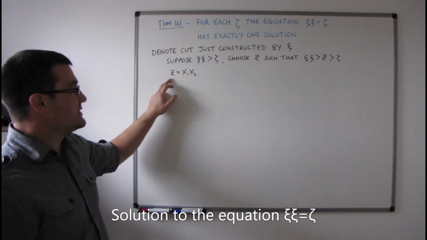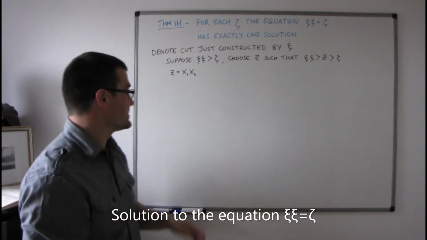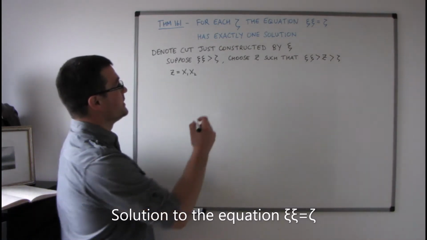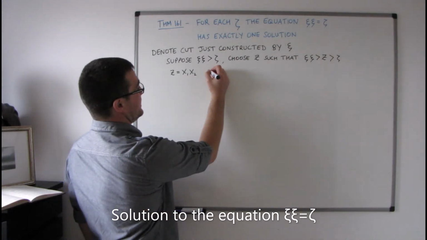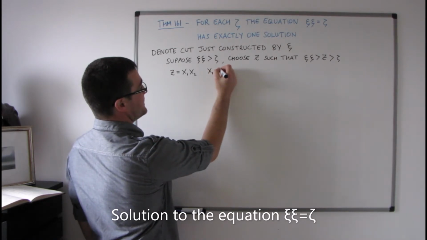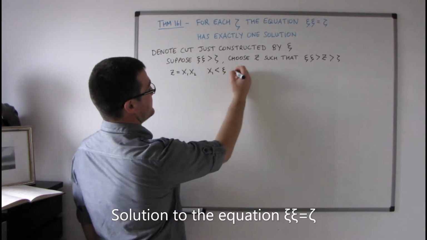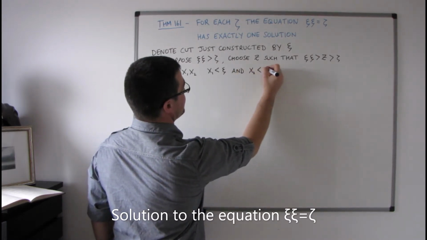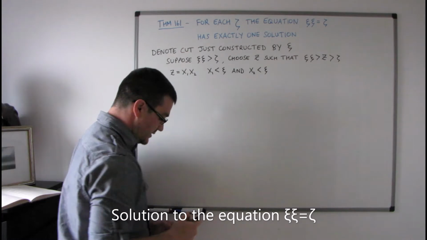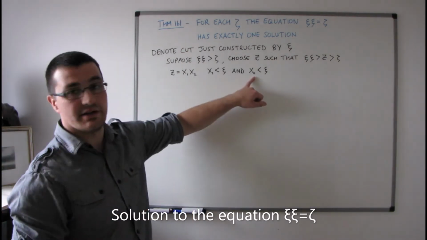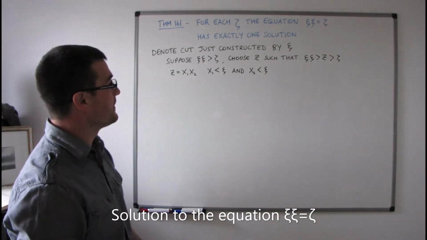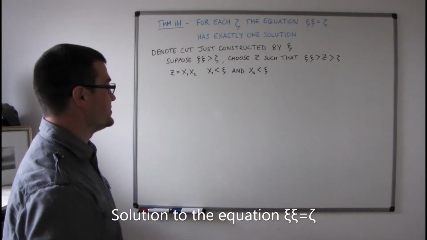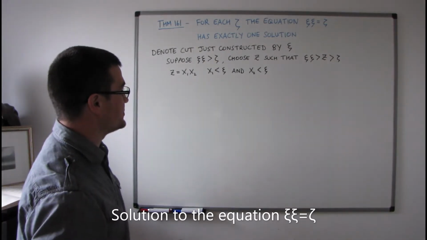Now actually it doesn't matter if we interpret this as a rational number in the old sense or a rational number in the sense of definition 41, but we can say that x1 is going to be less than xi and x2 is less than xi, which means here I'm definitely talking about x1 and x2 as cuts. So you can kind of jump in and out of the different interpretations of the notation here.